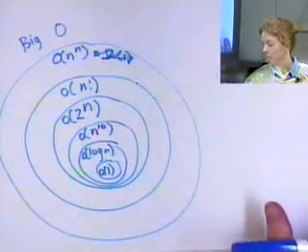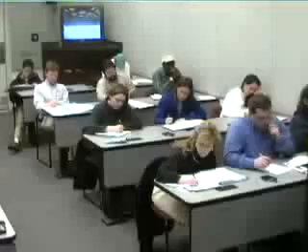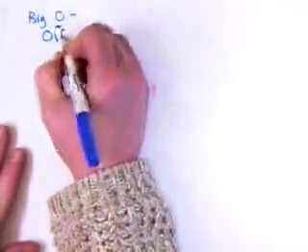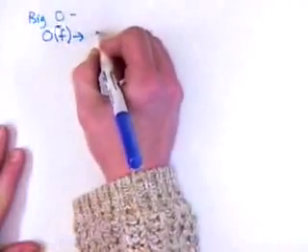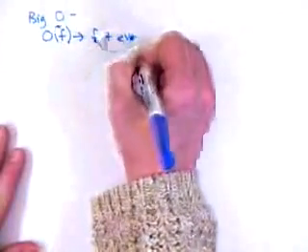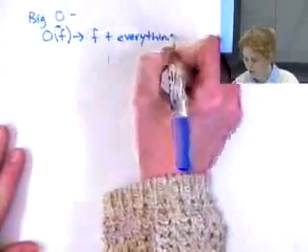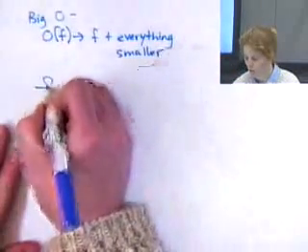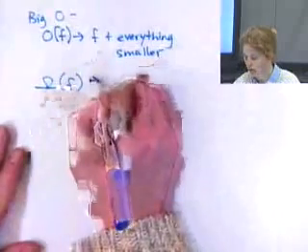All right, so let's talk about big theta also. So we have big O. If I have big O of f, this is f and everything smaller. Big omega of f is f and everything bigger.